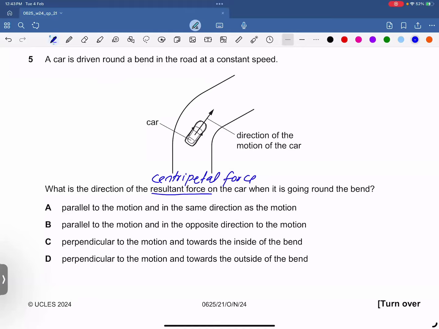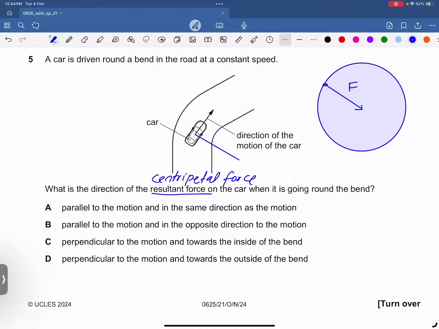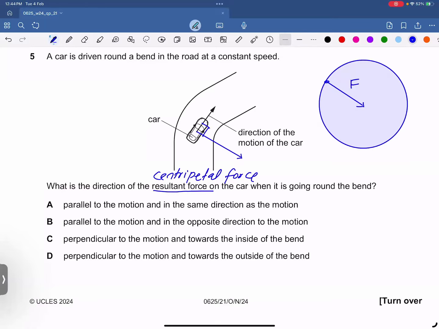And centripetal force acting on any body when it's moving in a circle is always acting towards the center of the circle. So if the car is moving that way, the resultant force will be this way, which is perpendicular to the motion, 90 degrees.